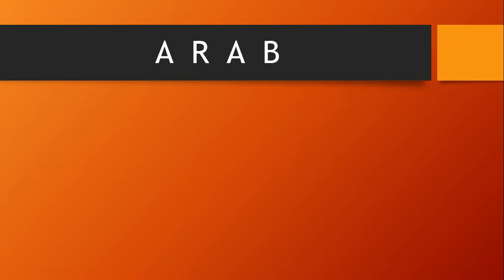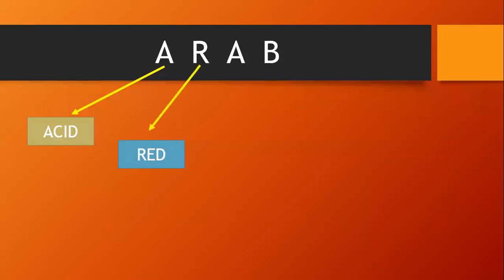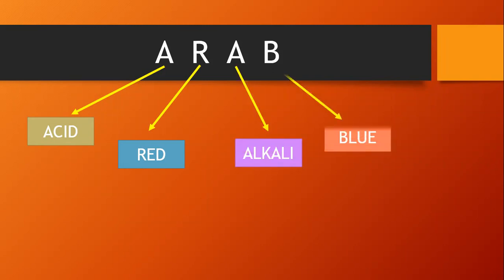A stands for acid, and acid turns the litmus paper red. The other A is alkali, and the alkali turns the litmus paper blue. So you remember the word Arab.